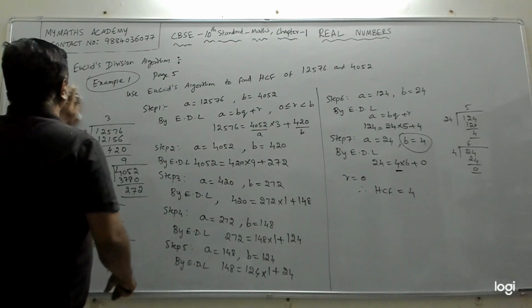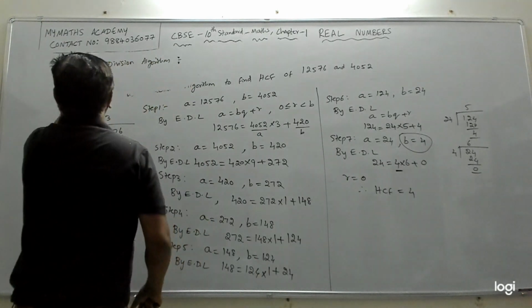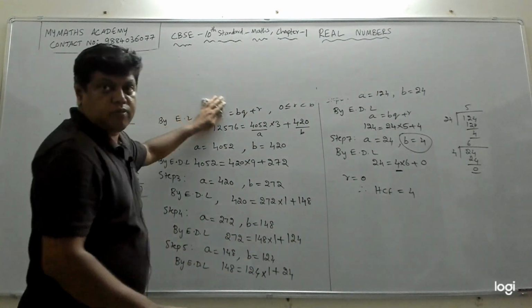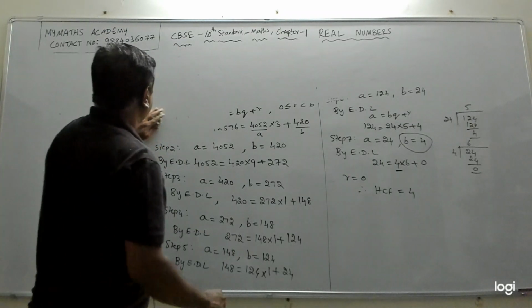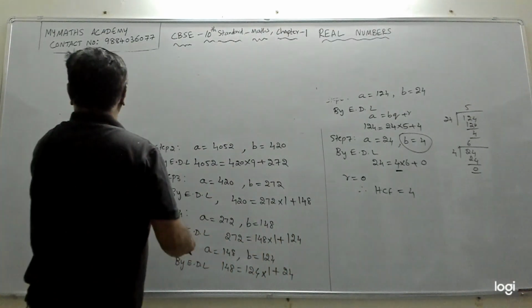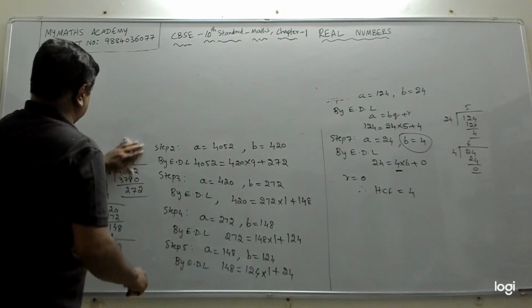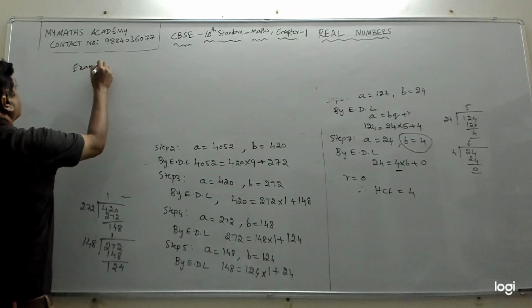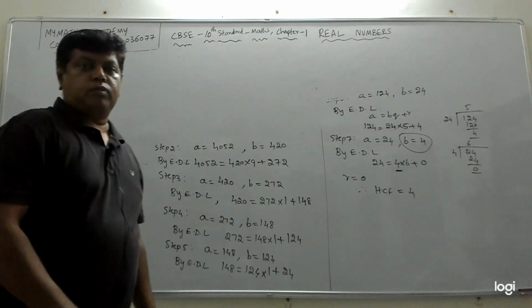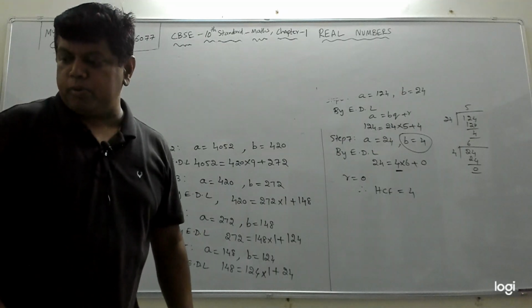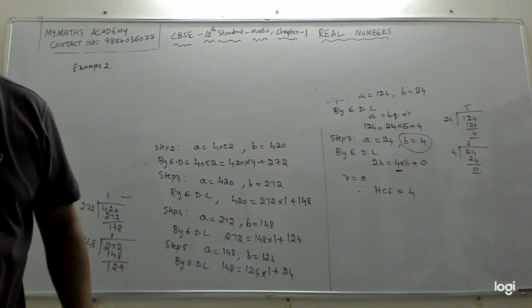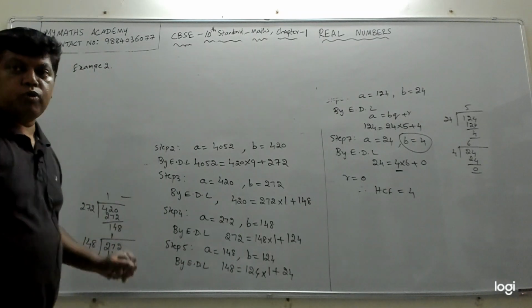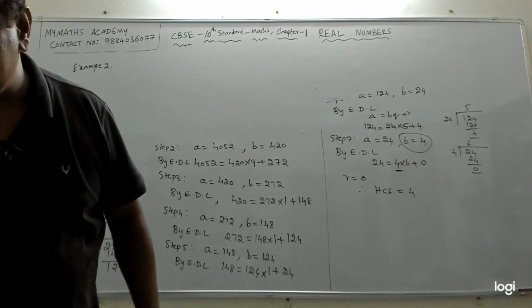Let us go to example 2. Or what we can do is we can probably do one more sum before we go to example 2, or it is there in the exercise?